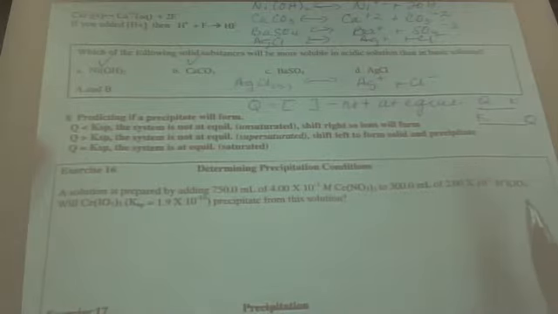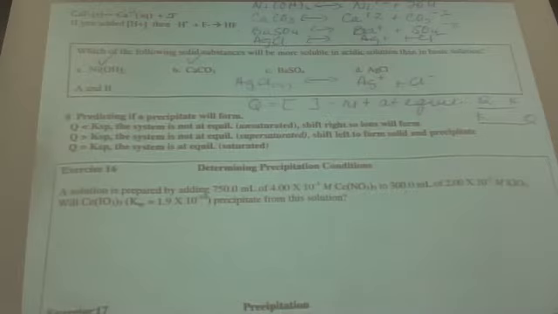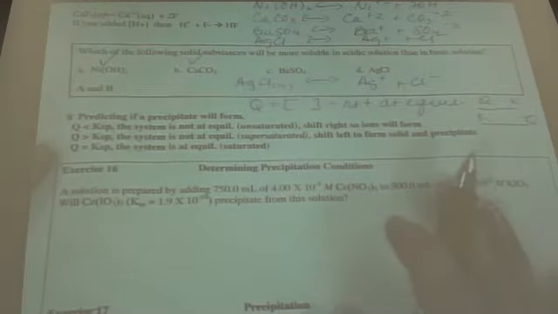It's cerium? Okay. Cerium nitrate to 300 milliliters of 2 times 10 to the negative second molar potassium iodide. Will cerium iodate precipitate from the solution? Where did that come from? Oh, it's a double replacement reaction.